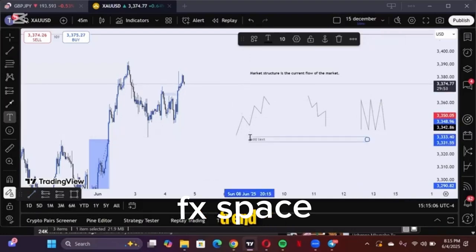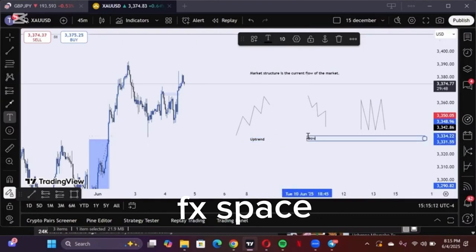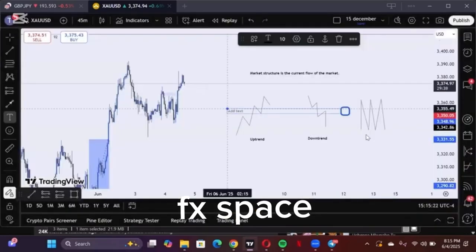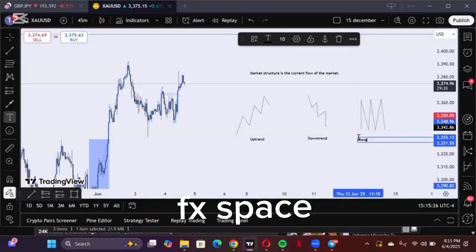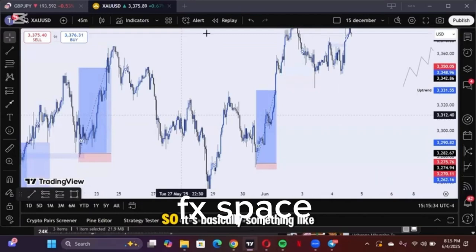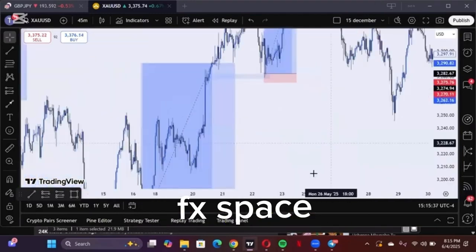Either it's on an uptrend, or it's on a downtrend, or is ranging. When market is moving from one point to another, it's either trending to the upside or to the downside, or is ranging.